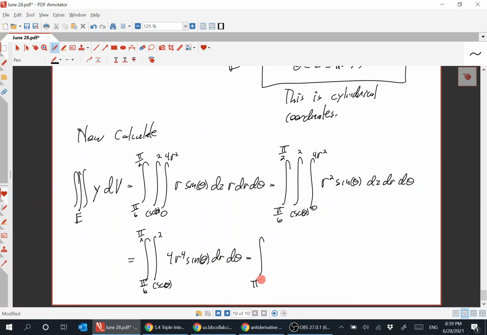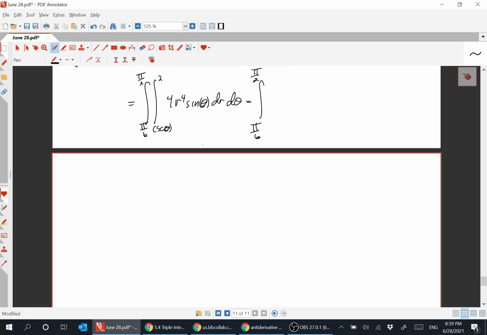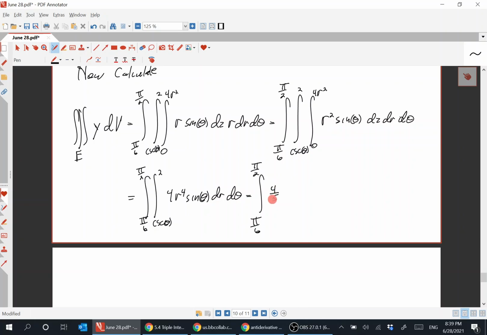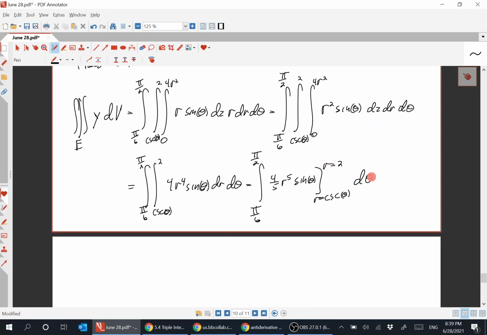So the antiderivative with regard to r is 4/5 r to the 5th from r equals cosecant theta to r equals 2, d theta.